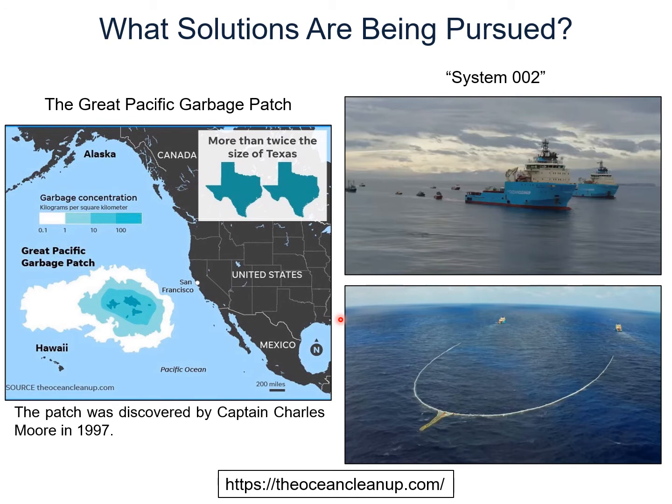It's a very slow thing. Once the net is fully saturated with plastic debris, there is a boat that will collect all of the recyclables, and then they repeat the process. And System 2 is going through this Great Pacific Garbage Patch.